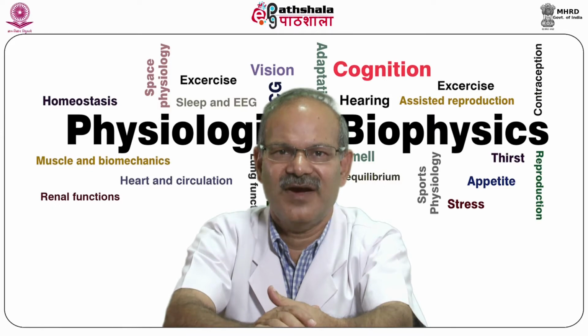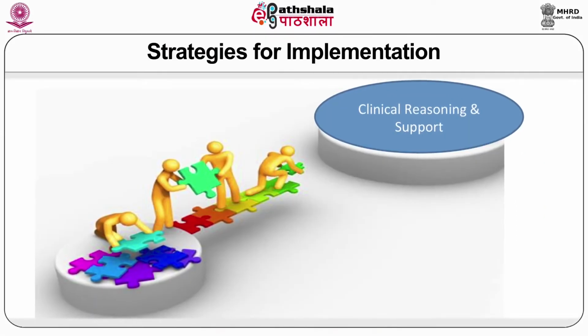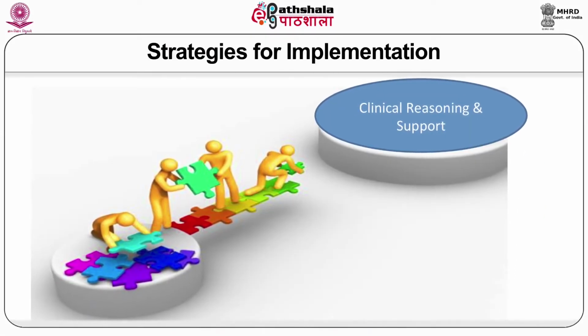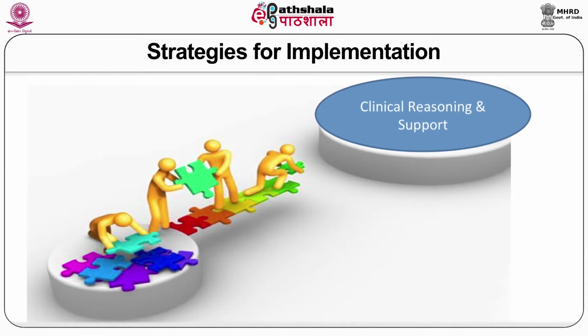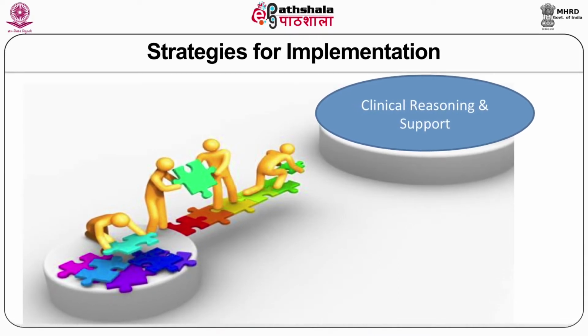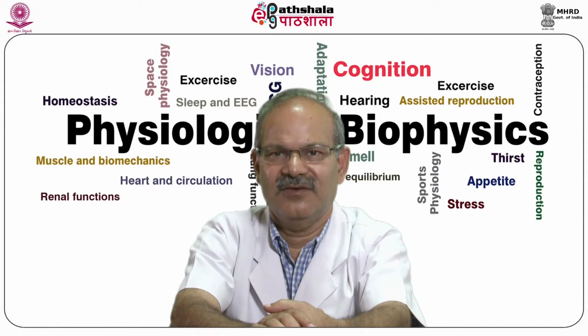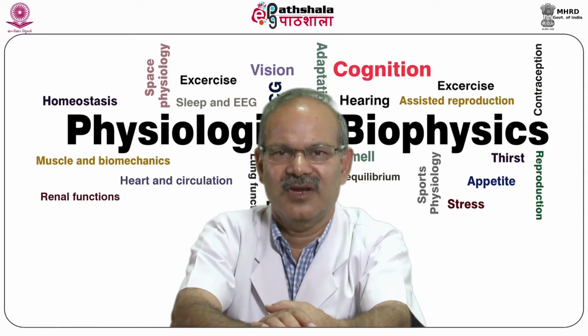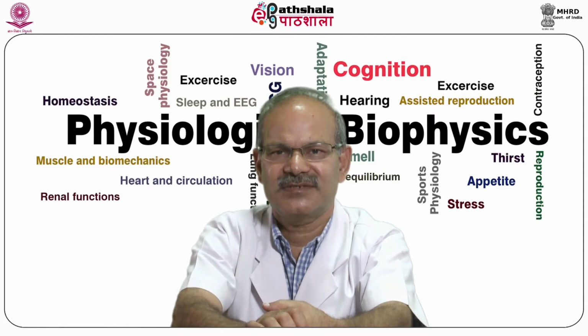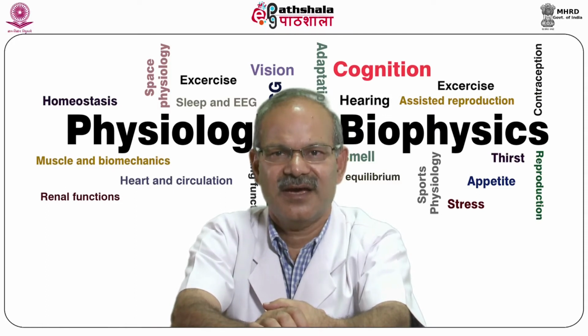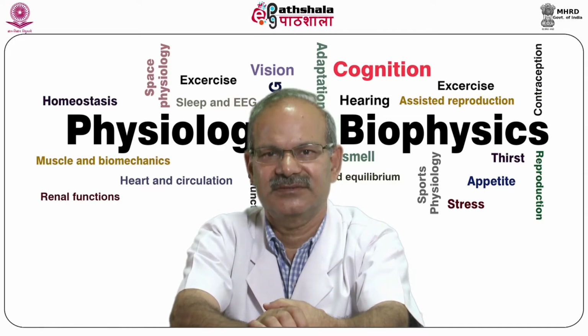There is a need for finding a connecting link to make translational research successful, and I am sure you can do it by talking to other experts. The physiologist and biophysicist may work in collaboration with basic scientists, technologists, engineers and other people to pursue the goal in the fundamental direction.